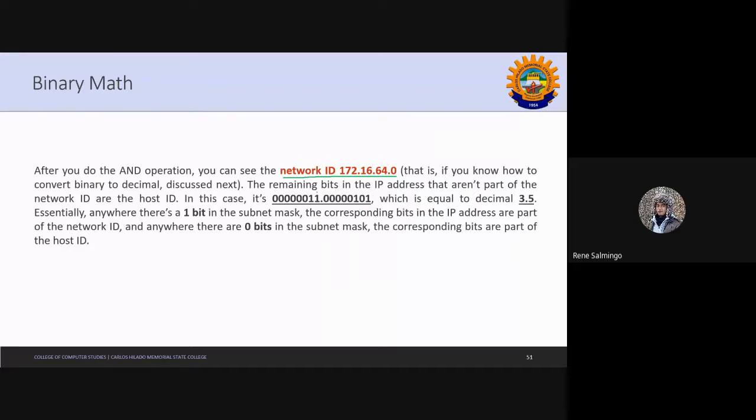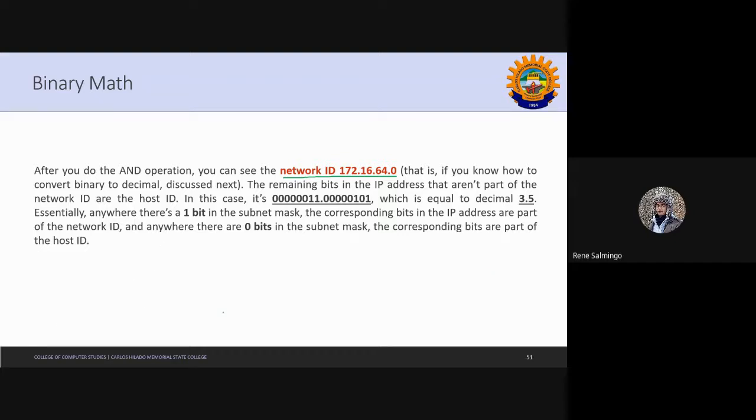The remaining bits in the IP address aren't part of the network ID, but are part of the host ID. In this case, this one is being subtracted from 67. So this is your network ID, and this part is for your host ID.